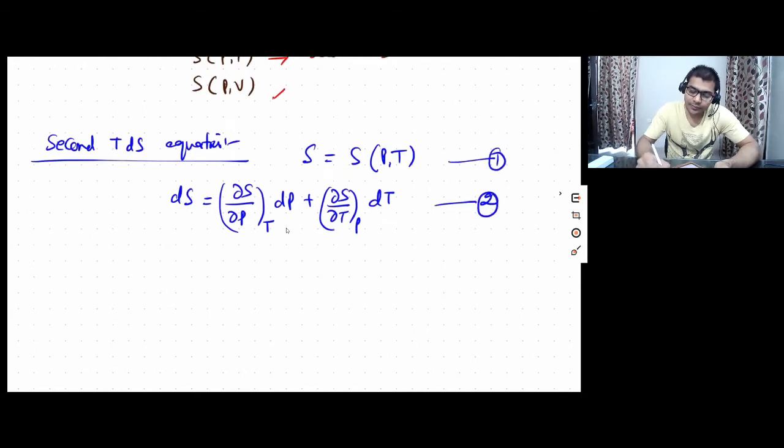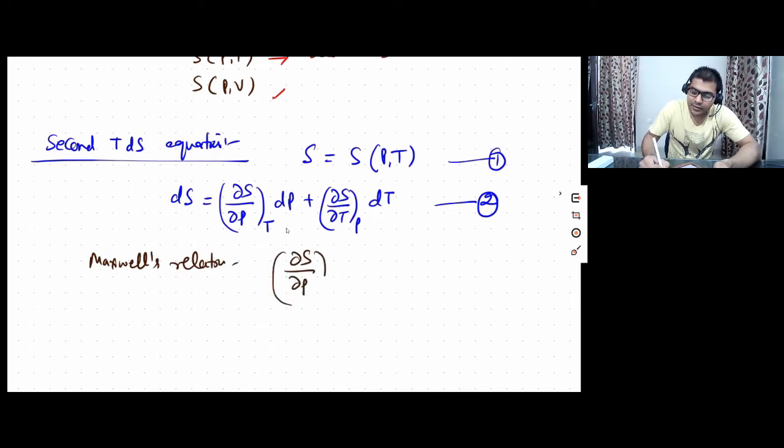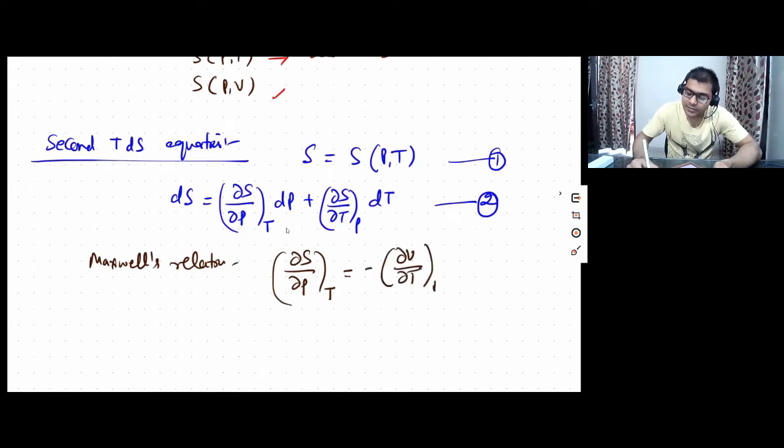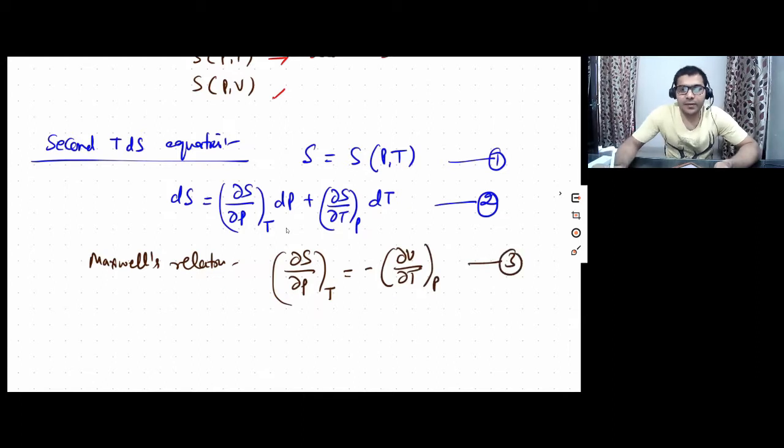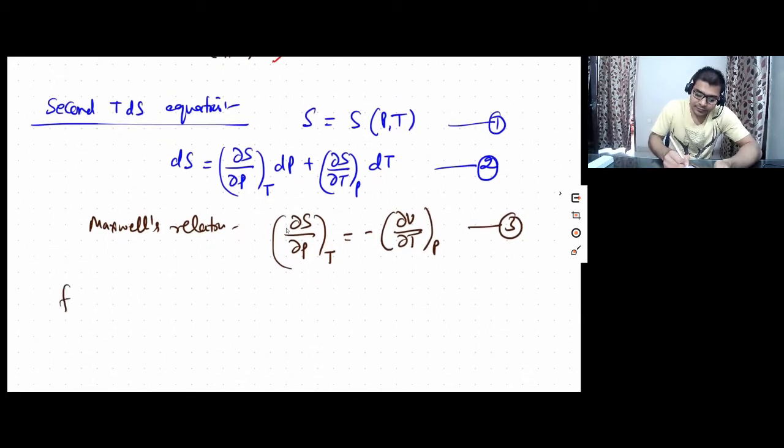Now, using Maxwell's thermodynamic relations, which are very interesting and important relations in thermodynamics, I can write that del S over del P at constant T is equal to negative del V over del T at constant P. Let's say this is equation number three. So I can substitute 3 in 2.